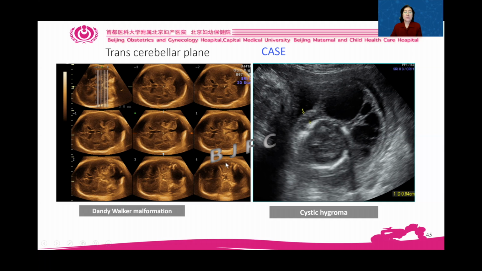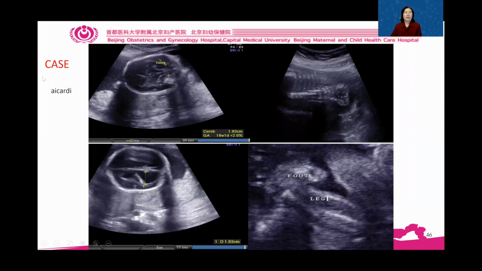This is Dandy-Walker malformation. And also in the transcerebellar plane, we can see cystic hygroma. Look at this one, this sector here. This is another case, Chiari.